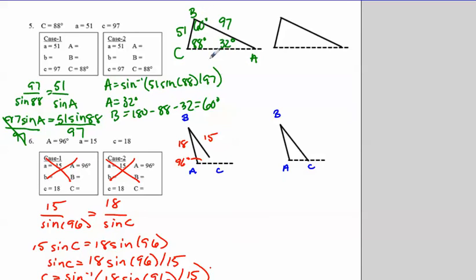So the last thing we need to find in this triangle is side B. So we're going to do B over sine B, so sine 60, equals, let's see, use your original information, so 97 over sine 88. And if you multiply both sides by the sine of 60, then you should get B by itself. So B equals 97 times the sine of 60 divided by the sine of 88.